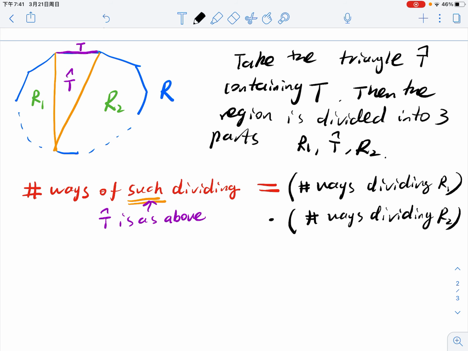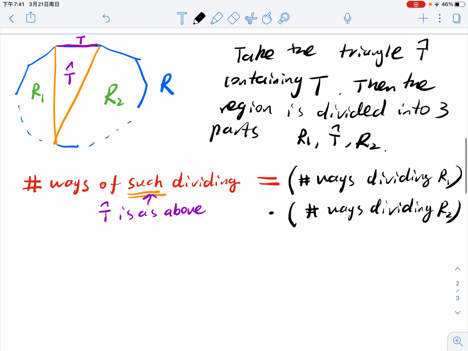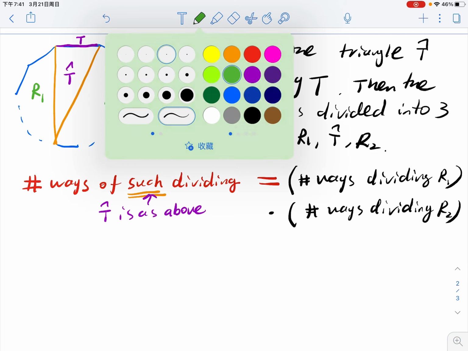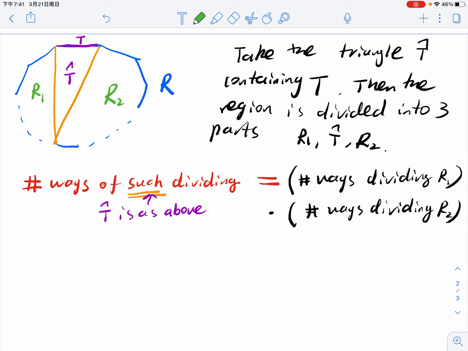Here, if we want to discuss the right-hand side, we'd better give more information for R1 and R2. For example, R1 we can assume is a polygon with k plus 1 sides, and then R2 will be a polygon with n minus k plus 1 sides.